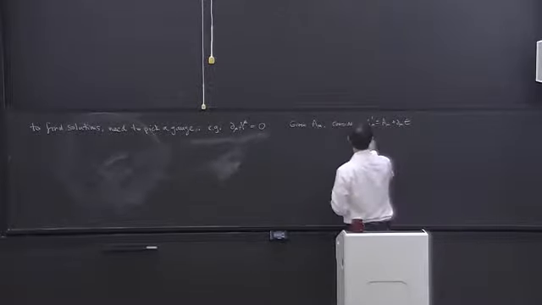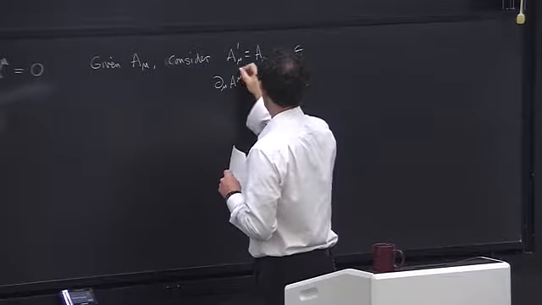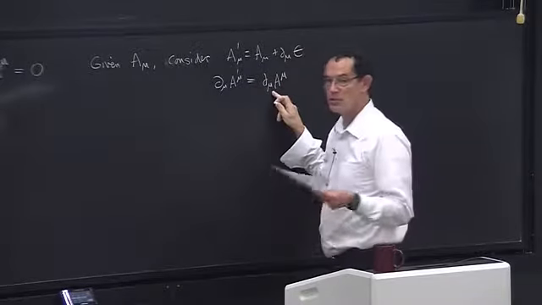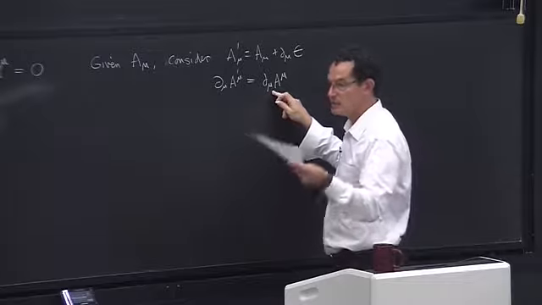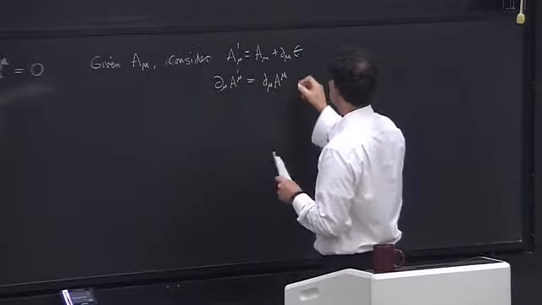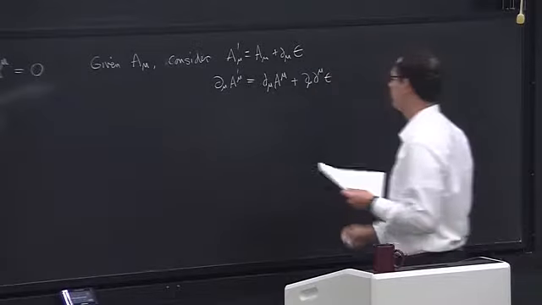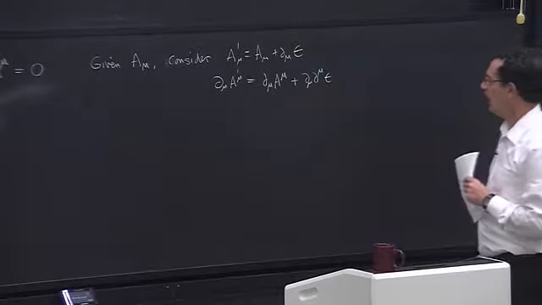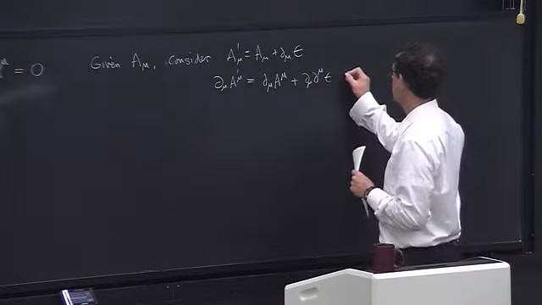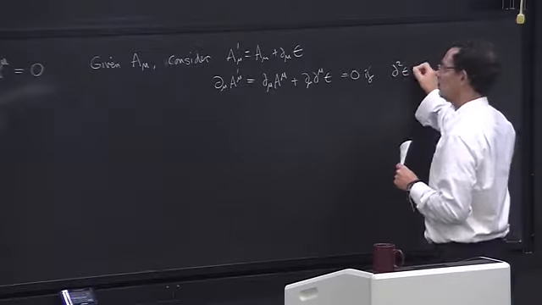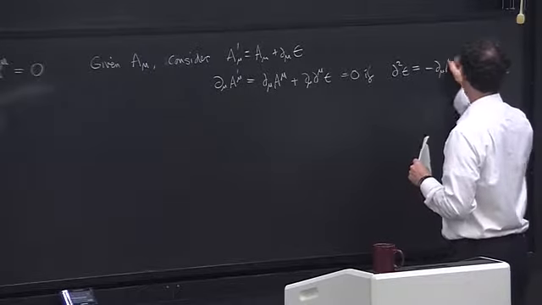Okay, so D mu A mu prime is equal to D mu A mu, and by assumption, this was not 0, this is some arbitrary solution, plus D squared epsilon. And we can set this equal to 0 if D squared epsilon equals minus D mu A mu.